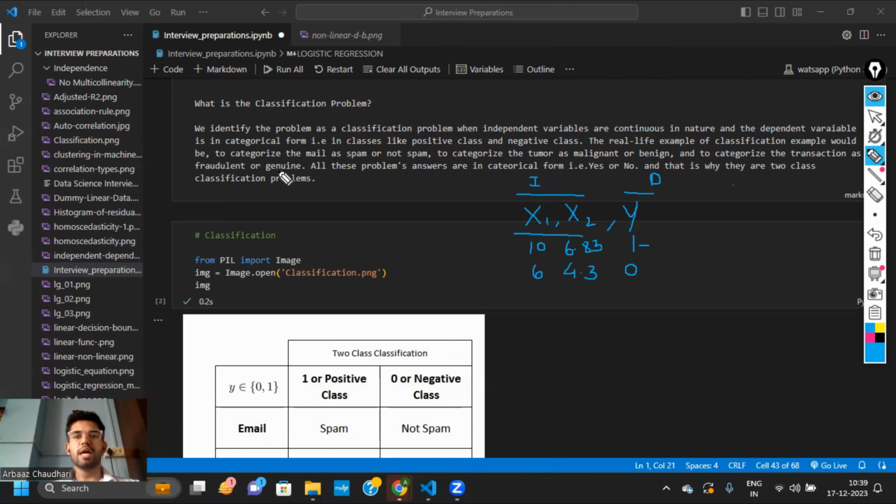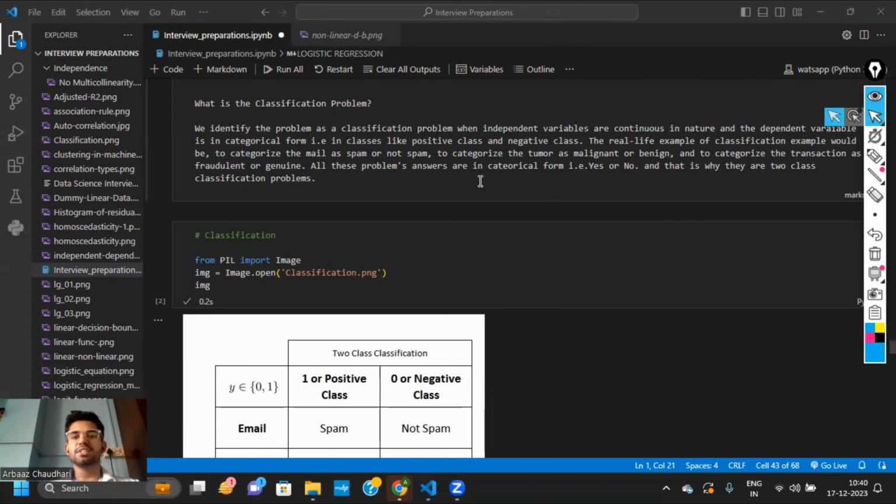So these types of examples you can give for a classification problem while explaining to another person. You can give 2-3 examples so that an interviewer understands that you know what a classification problem is and what examples come under it. Let's now go to the next point.